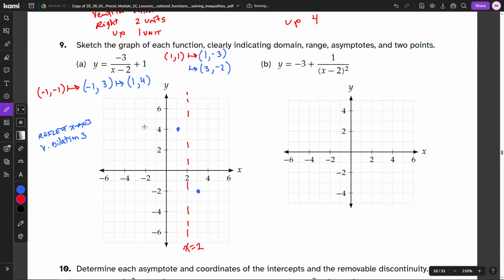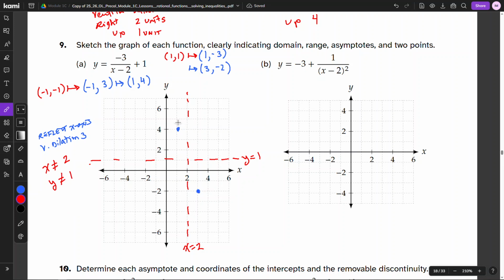Horizontal asymptote up by 1 unit. So that horizontal asymptote, let's draw that in. Up by 1 unit. Right, and we need the domain clear, right? So we know x is not going to equal 2. The range needs to be clear. We know that y is not going to equal 1.